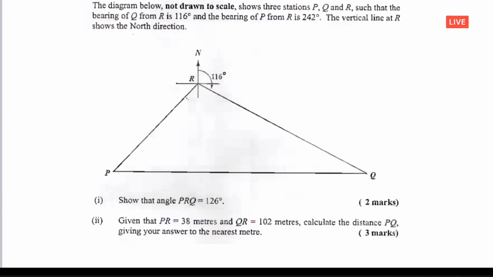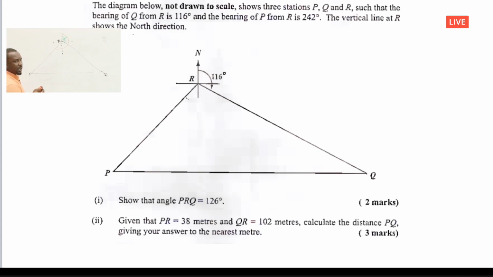They are telling us that the bearing of P from R, again, from is important there, from R. So from R, we are going all the way around to come back to the line for P. So this bearing here, remember it has to be in a clockwise direction.